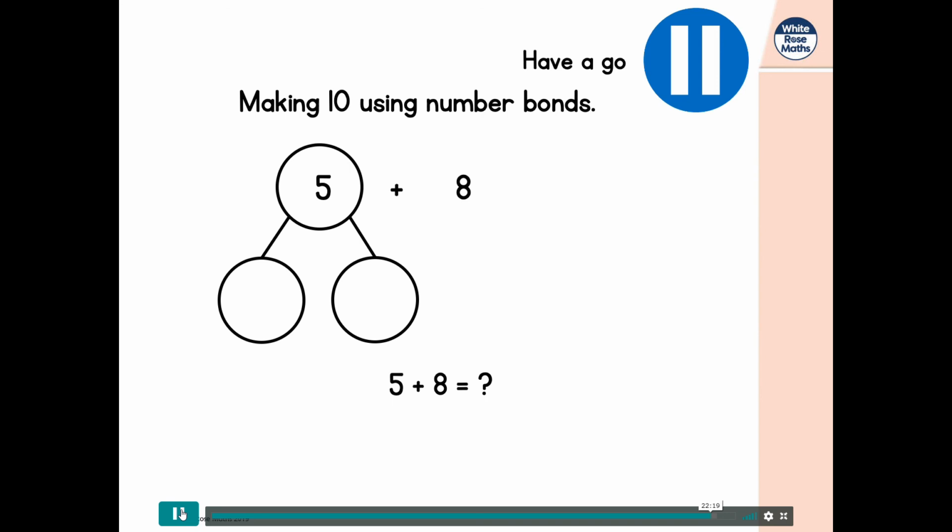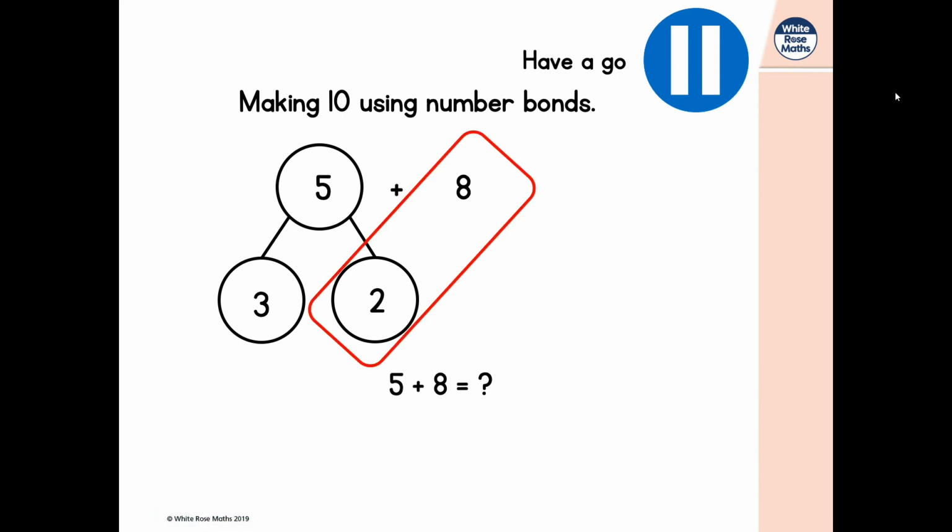I need to make 8 into 10, so one of my parts needs to be 2, exactly. And if one of my parts is 2, the other part must be 3. Perfect. So now let's take a look. We can now make 8 and 2 equal 10.